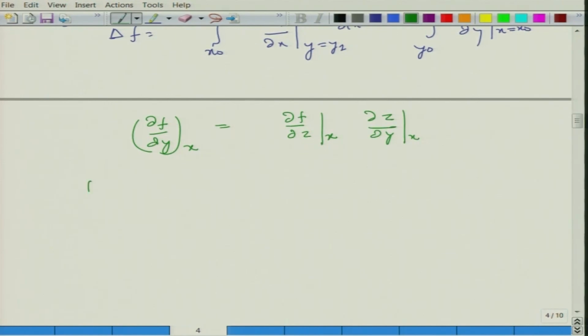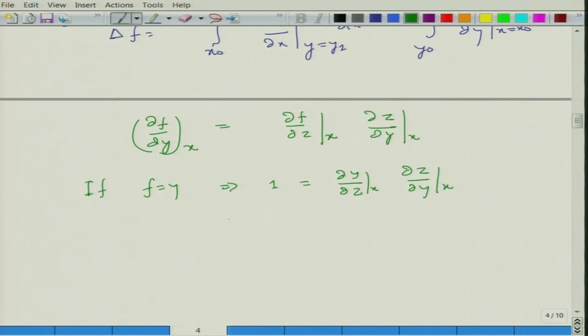Now, if f is y, then the left hand side is 1 and this is going to be del y by del z at x, times del z by del y at x. So, now we can rearrange.